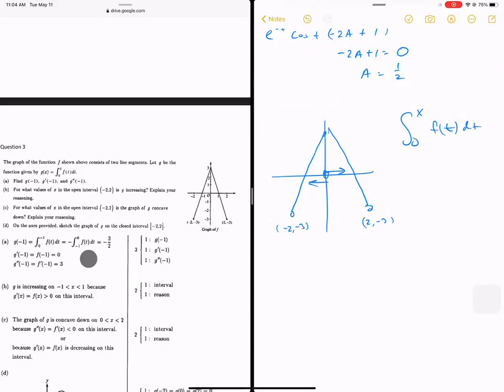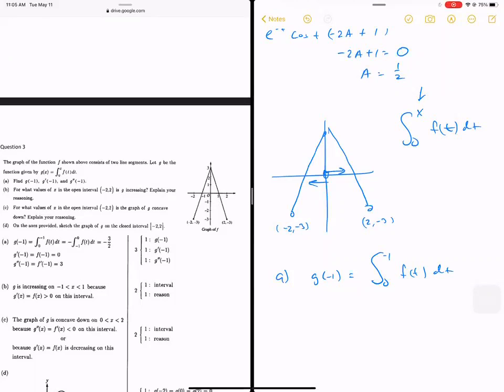So the first question is, find g of negative 1. What's g of negative 1? It means we're just going to plug in our negative 1. What's the integral between 0 and negative 1 of f of t dt? Now, please be advised that we always read from left to right. That's just how we've been taught in this country.